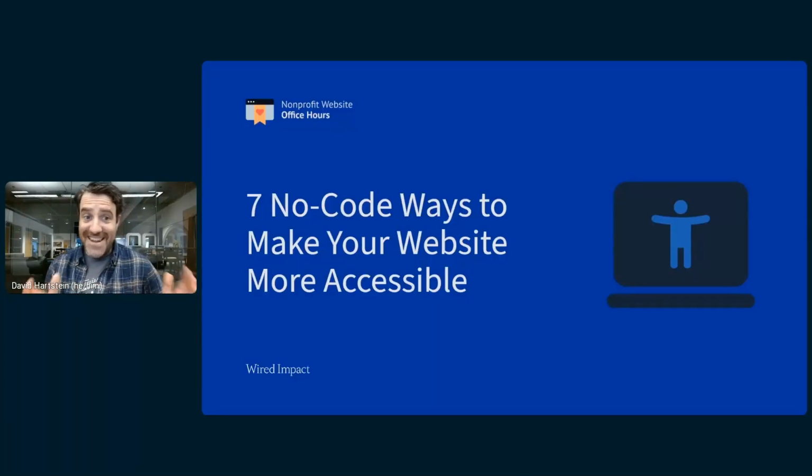And that is it. Now you know 7 easy no-code ways that you can make your website more accessible for all of your visitors, and just show them that everyone is welcome as part of your movement. And if nothing else, as you publish new content or make changes to your pages, as you publish on social media, just get in the habit of pausing for a second and asking yourself, have I considered how accessible this is for folks who have disabilities?